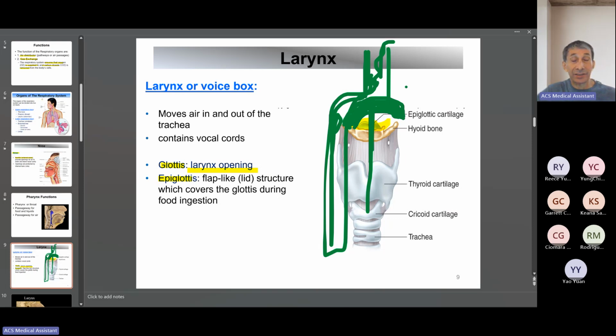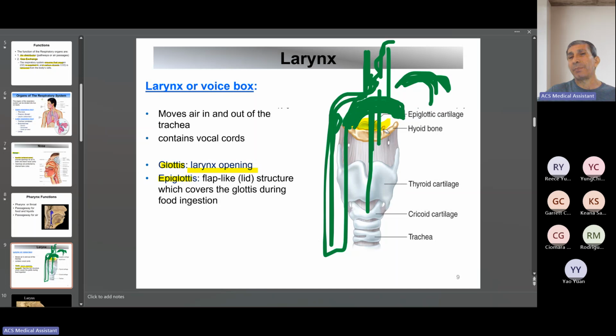Sometimes you have to drink something to kind of remove whatever went the wrong way. Because you were supposed to be eating, not talking and eating, because your brain doesn't understand. Oh, I'm talking and eating at the same time. So this lid is opening and closing, opening and closing, because you're eating and talking. And things can go through here, and that's what makes you cough or choke. Not good.